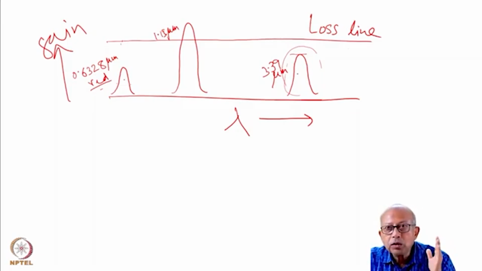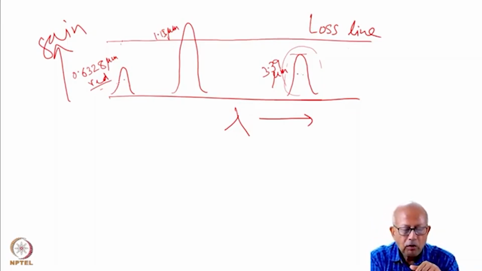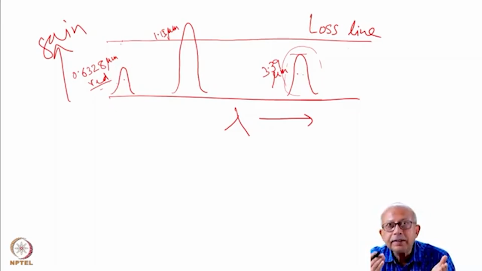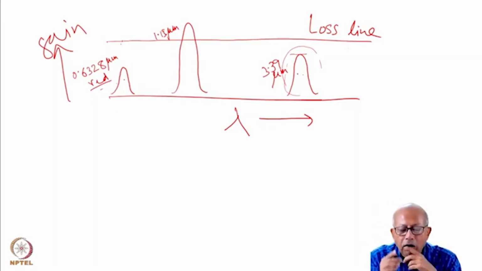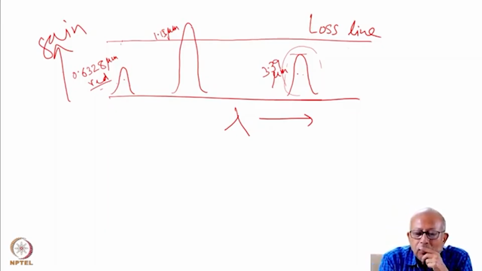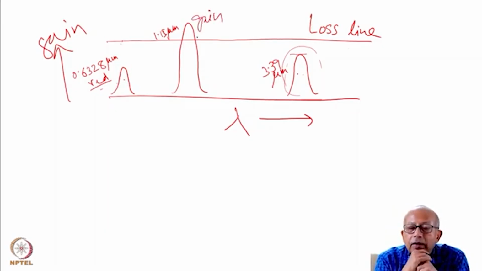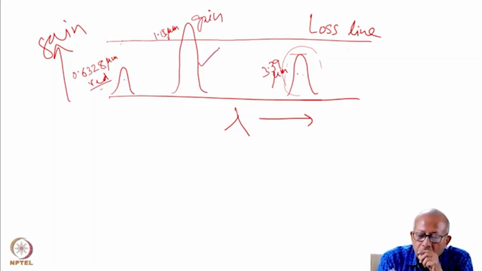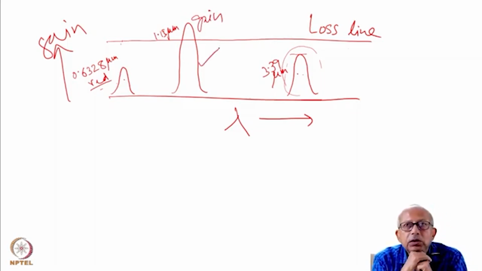The cavity would not support oscillations on these two lines because the gain here is less than the loss. However, for this high gain line, 1.15, gain exceeds loss. Therefore, lasing will set in alone on this transition. This transition will laser.